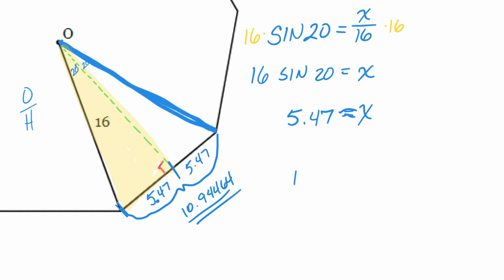So we have a nonagon, a 9-sided figure, and one of the sides is equal to this value. And since there are 9 sides, we have to multiply times 9.